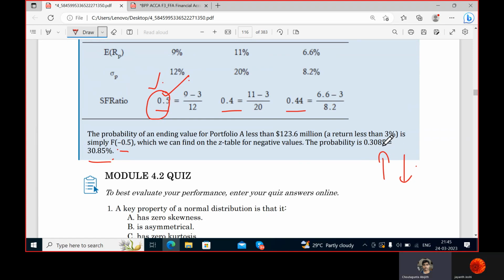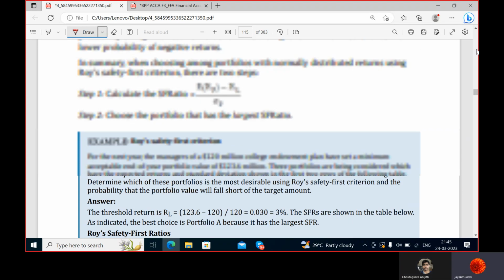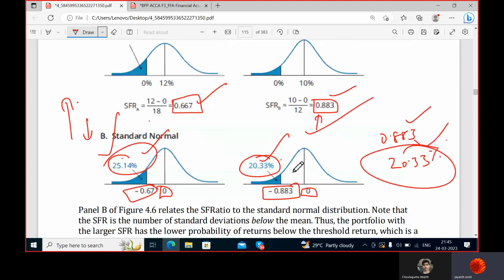Yes. Higher the ratio, less the probability. Of course, right. That's it. So here also, the ratio was higher in this case, and the probability was lesser. The ratio was lower, the probability was higher. That's it. So SFR ratio highest we should take always. Okay.